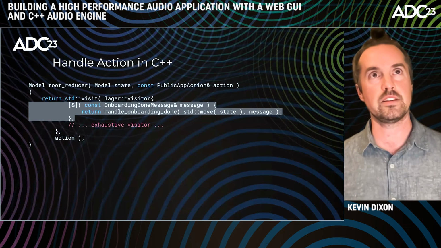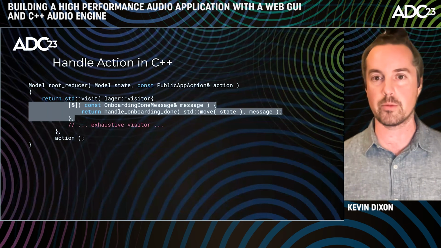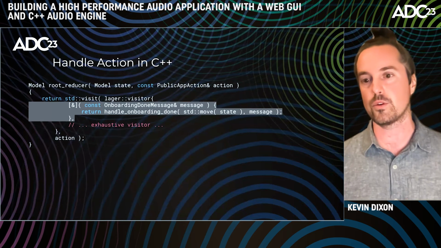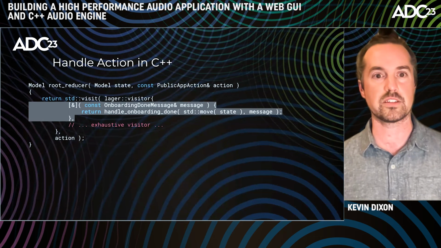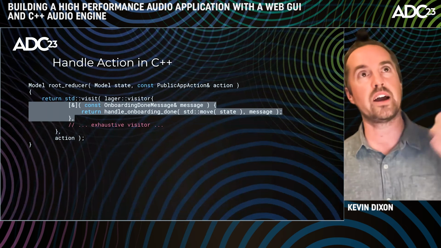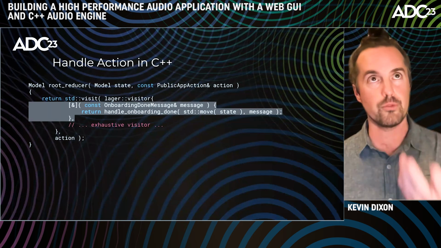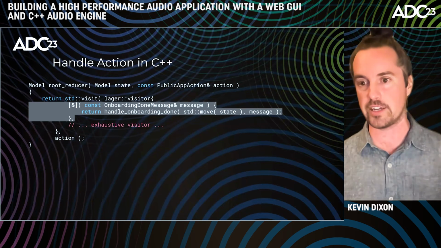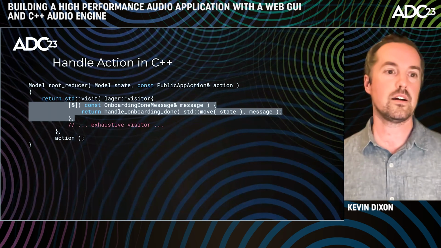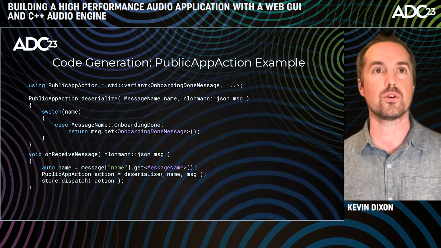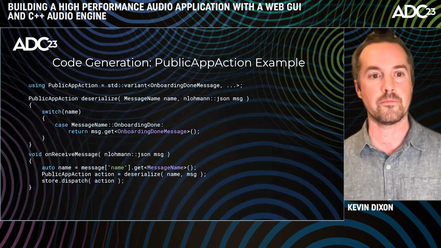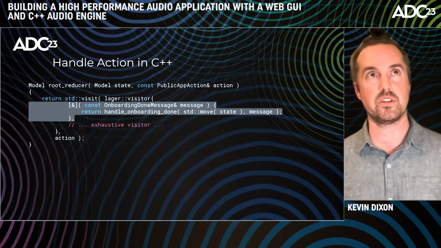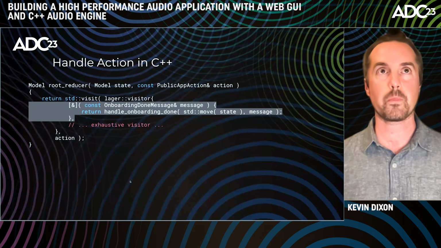But this is a nice modern C++ library that implements a Redux style store, Flux store for the C++ side. And so you have to bind this free function, the root reducer, to the store, and that's kind of the entry point. So anytime shown on this slide where we call store.dispatch at the bottom there, that will ultimately invoke this root reducer.